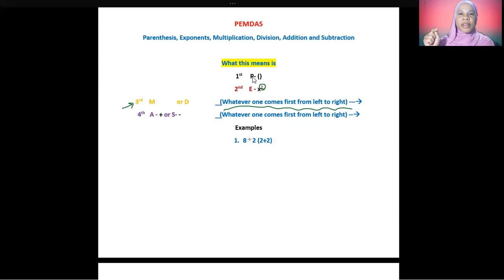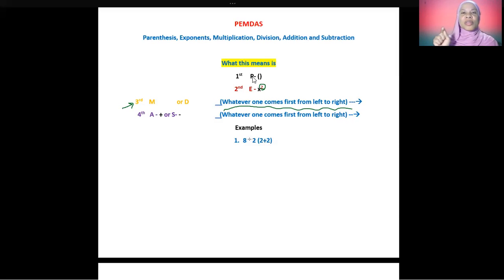If you go from left to right as you're reading and you hit division first, you have to do division first, because remember, they have the same importance, they're equivalent, they're on the same level. The only way you determine which one comes first is the one that you hit with your fingertip from left to right.